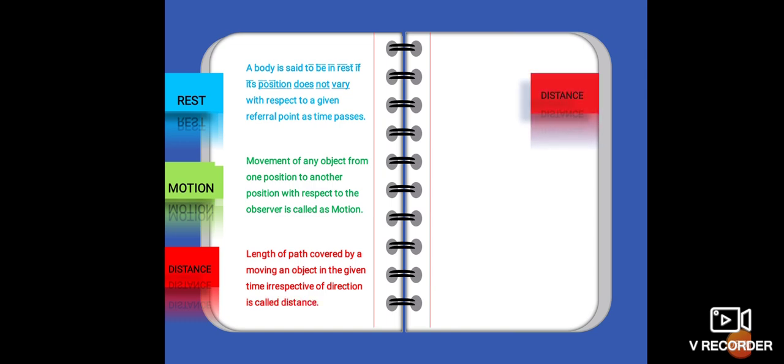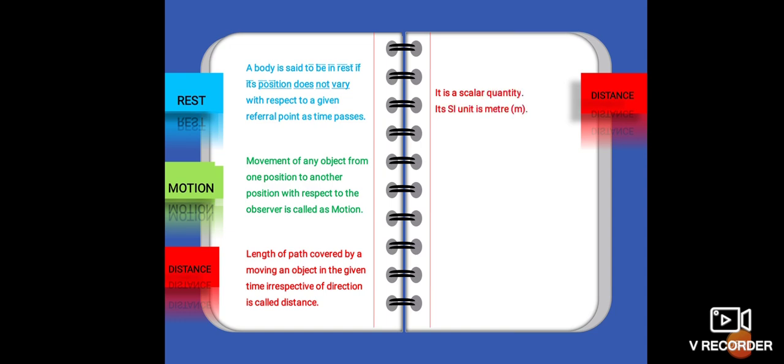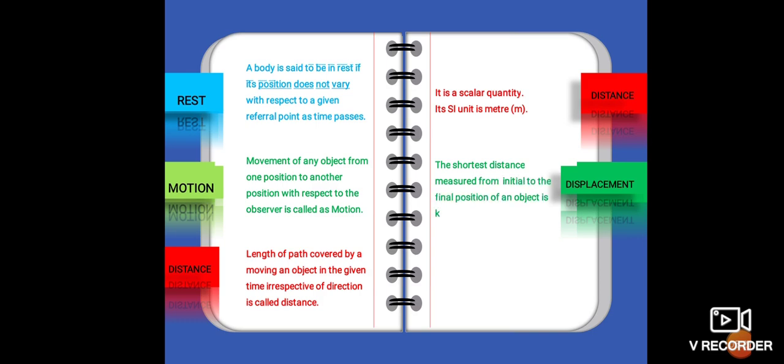Distance is the scalar quantity and its SI unit is the meter. What about displacement? The shortest distance between the initial point to the final point is the displacement. And displacement is a vector quantity and its SI unit is again meter.